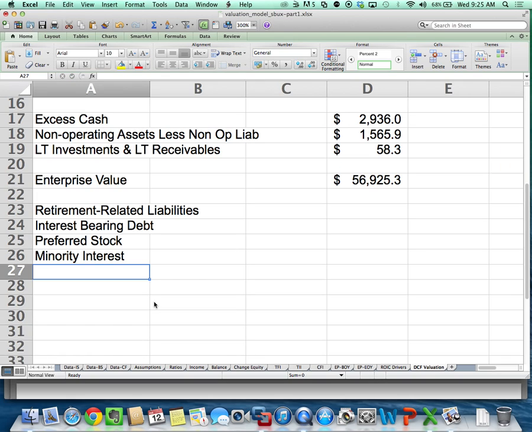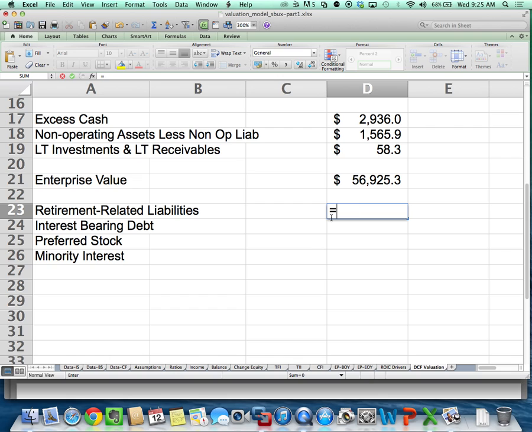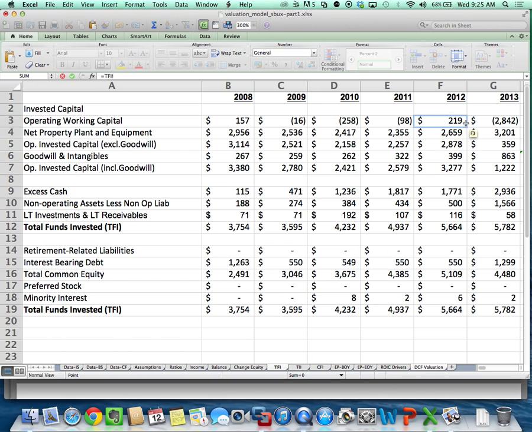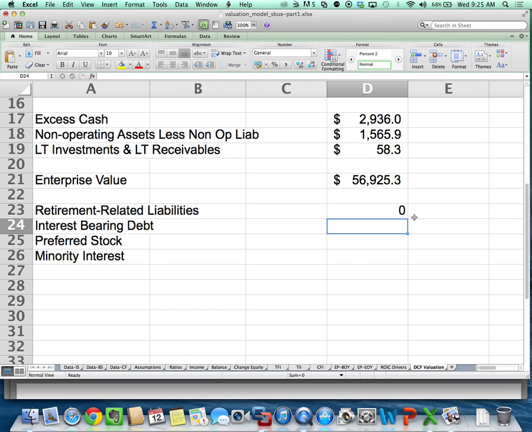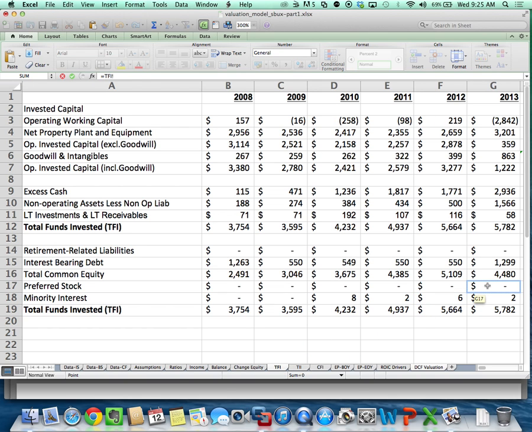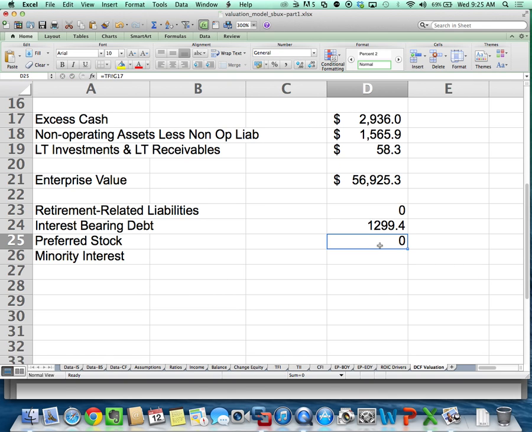Those are the 4 items off my TFI that have to be paid off before there's cash to be paid to the common shareholders. So again, I use my 2013 actual values off my TFI: 2013 retirement, if they have any, Starbucks does not, and interest-bearing debt, and preferred stock, if they have any, and minority interest.